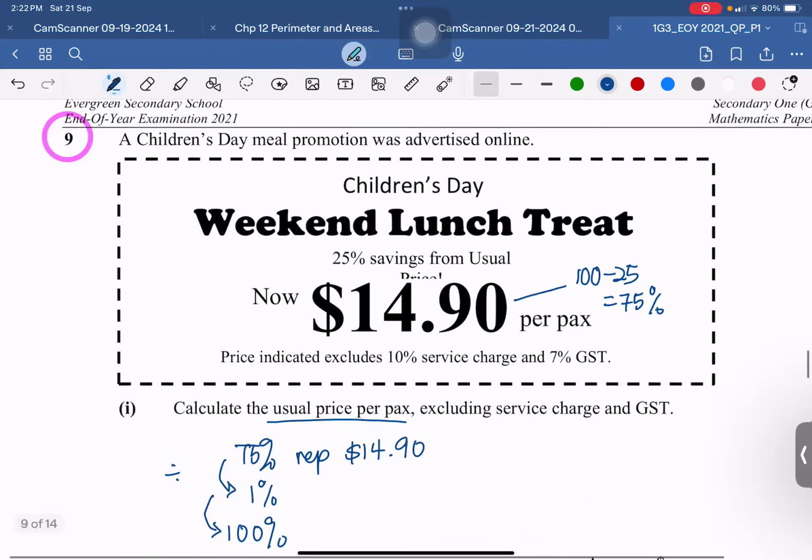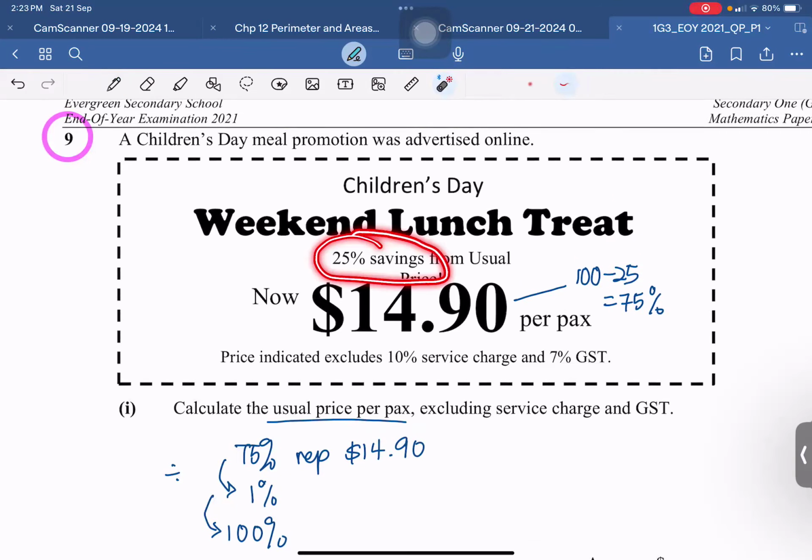Oh, 100%. The question here says 25% savings and now this price. So that means this price is the one after your discount. And when they say the usual price, or they say original, or find the original cost price or find the marked price before discount, all those are 100%.